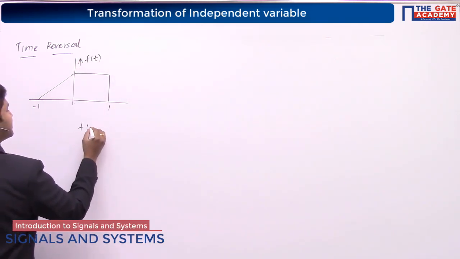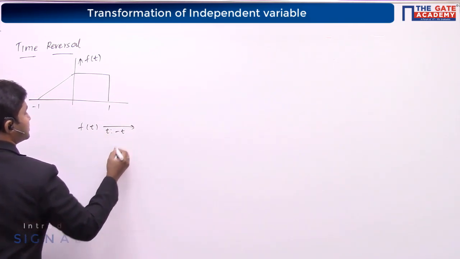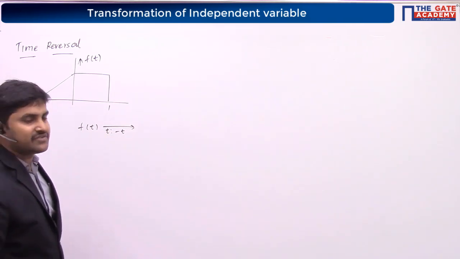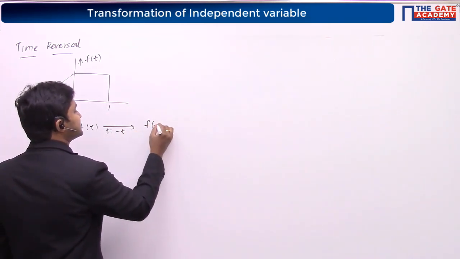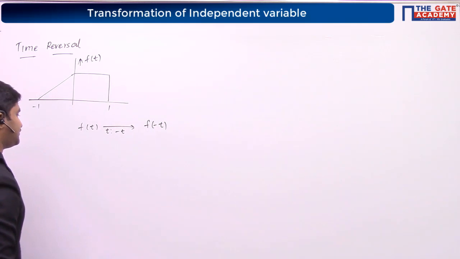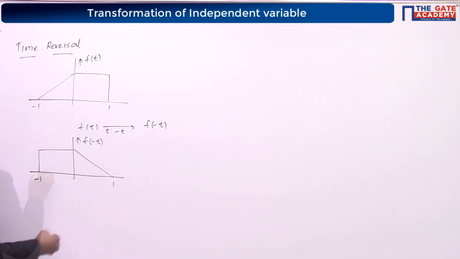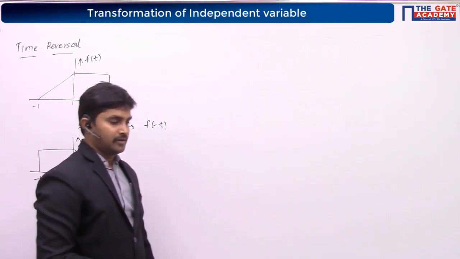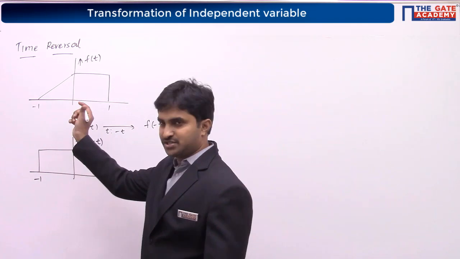Now time reversal means that replace t with minus t. So whenever I replace t with minus t, the resultant signal will be f of minus t, and f of minus t will be something like this. Okay, so this is nothing but a mirror image.